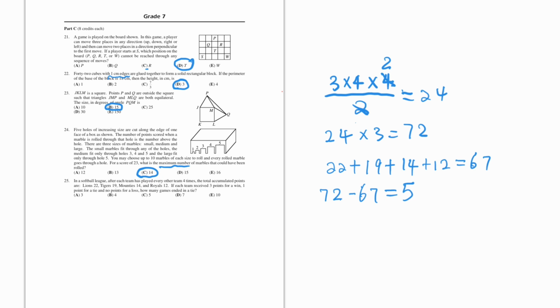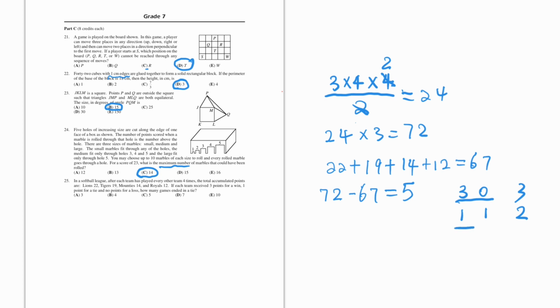That means sometimes the game is tied. For a win and loss game, one team gets 3, another gets 0. Total points is 3. For a tie, each team gets 1 point, total gets 2.